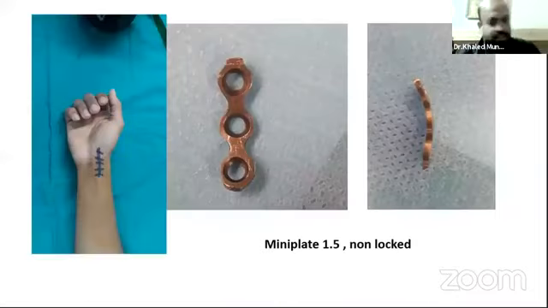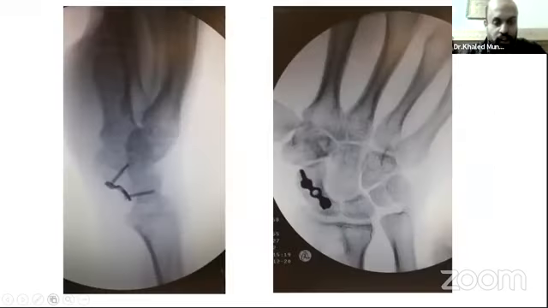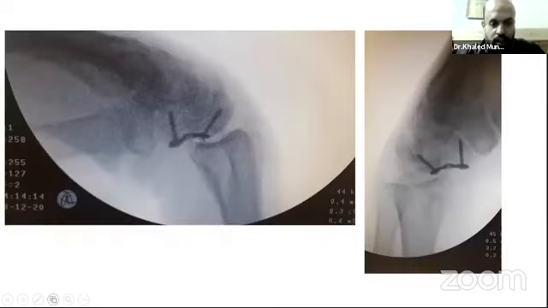Our decision in this patient is to fix it with a plate. We're using a 1.5 mini non-locked plate through a volar approach with corticocancellous bone graft from the distal radius. Those are the intraoperative images for the plate, in semi-pronation and semi-supination, for assessment of plate impingement over the volar rim of the distal radius.